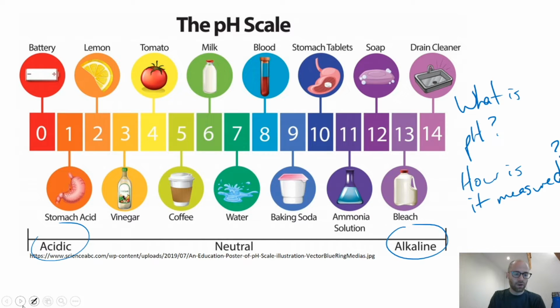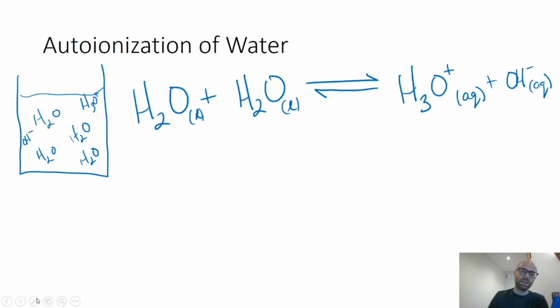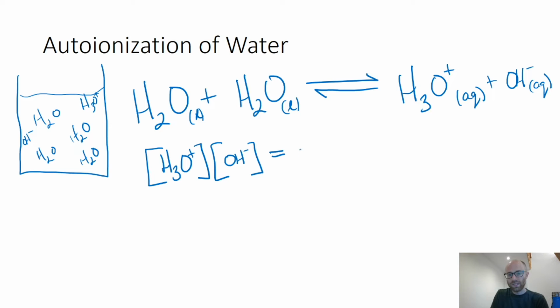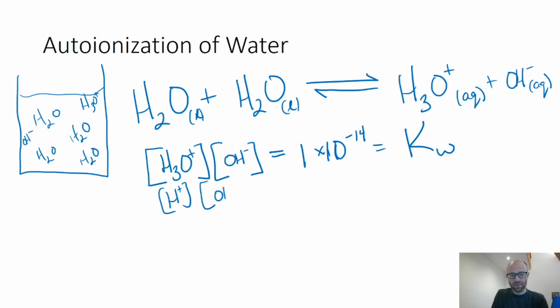As long as there's water present, this equilibrium is taking place, and for all water, the concentration of H3O plus times the concentration of hydroxide is always equal to 1 times 10 to the negative 14th. Some of your textbooks will refer to this as Kw, constant for water. Remember that this is also H plus times OH minus is equal to 1 times 10 to the negative 14th.